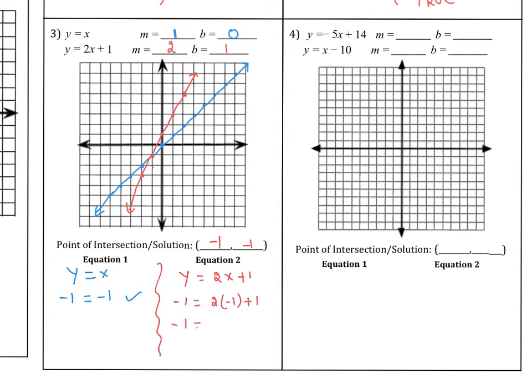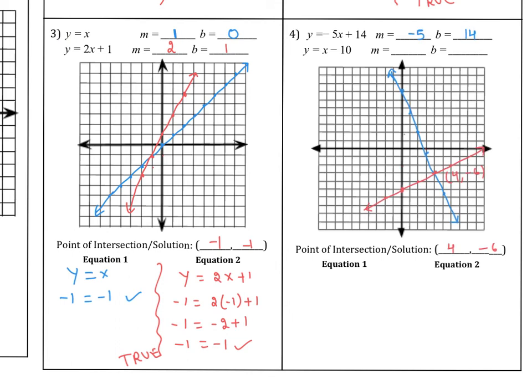You got -1 equals -2 plus 1, which is equal to -1. So it is true. It means the coordinate -1 comma -1 is a solution of the system of linear equations.